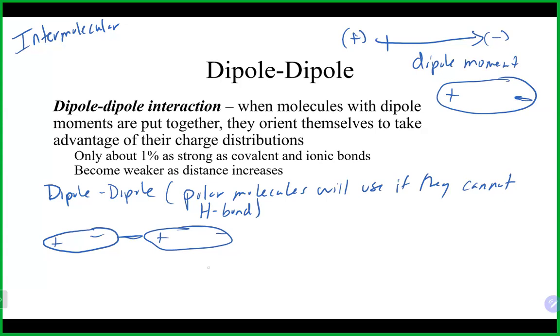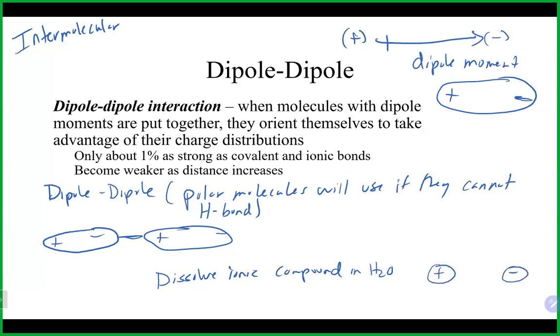A subsection of dipole is what we see when we dissolve, say, an ionic compound. When we dissolve an ionic compound, we get ions, positive ions and negative ions.